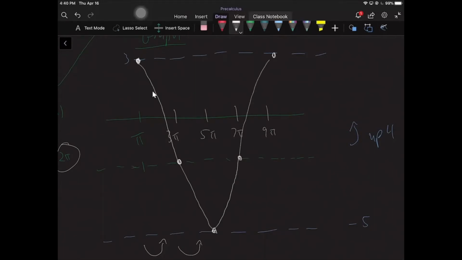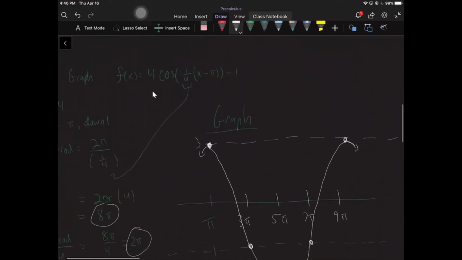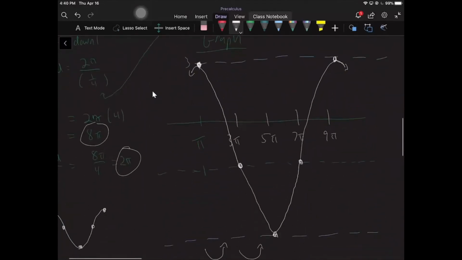And then you just do your best to sketch. Try to make it a little curvy. You can even draw these little end things to indicate that you know it's going to keep going. It doesn't just stop. But we're just graphing one period, so that's okay. Okay, so that's it for that.